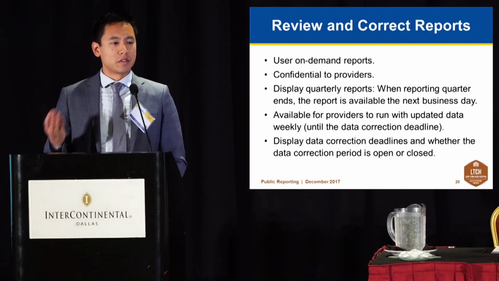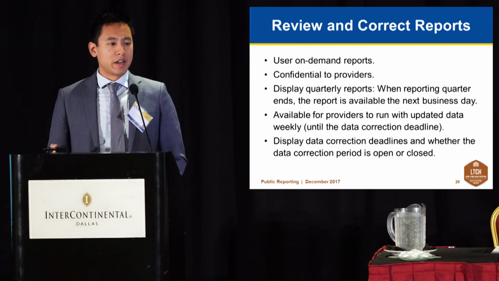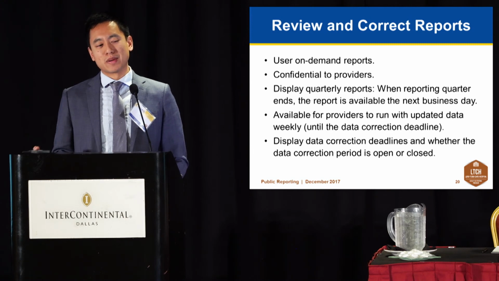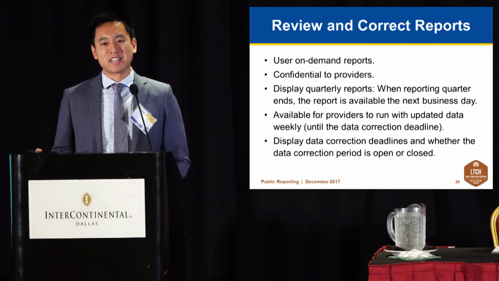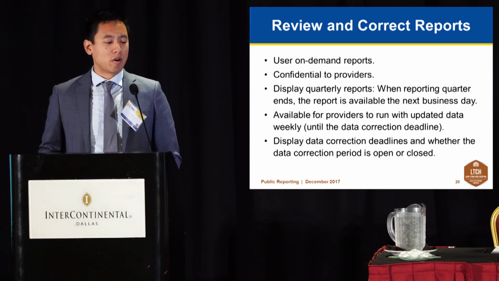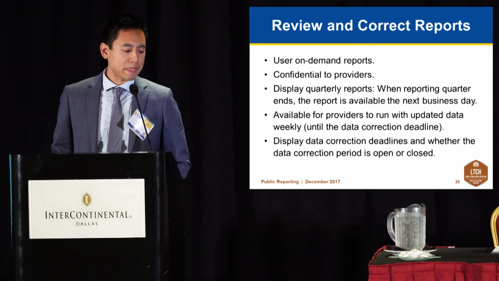When you go to CASPER, the quarter end date will appear as quarter 4 2017 on the first business day, I think it's January 2nd, 2018, and your quarter 4 2017, along with quarter 1 through quarter 3 2017, will appear in the review and correct reports.